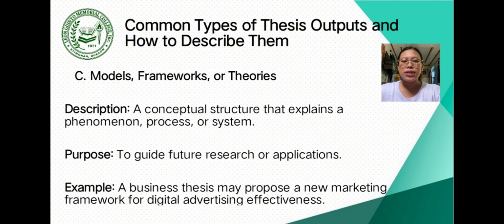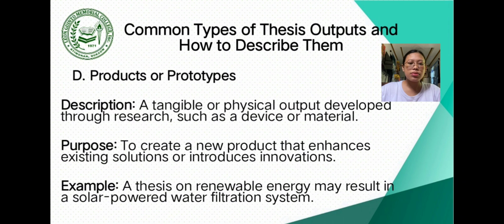Number 3 is the models, frameworks, or theories. It is a conceptual structure that explains a phenomenon, process, or system. The purpose is to guide future researchers or applications. For example, a business thesis may propose new marketing frameworks for digital advertising effectiveness.